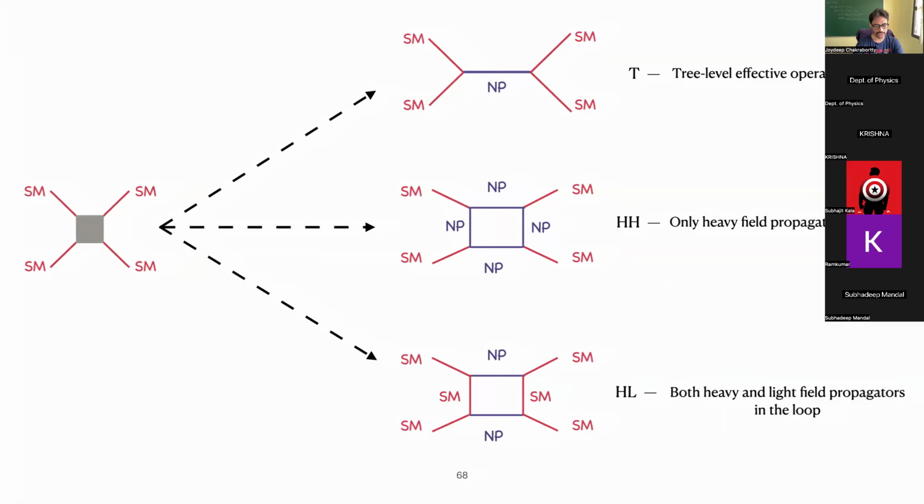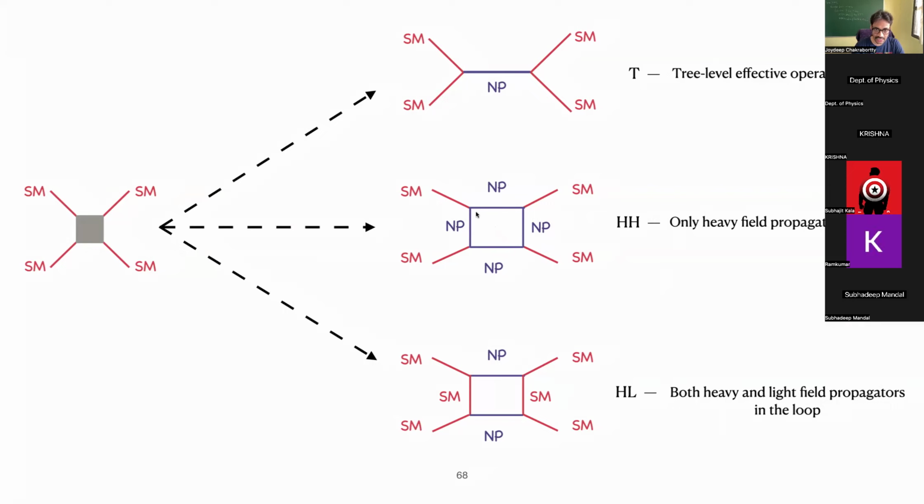Now, these are the different kinds of topologies that you may encounter. The first one is tree level, where the new physics is a tree-level propagator, which you are now familiar with. In the loop level, you may encounter two different kinds of topologies. In one kind, all the propagators in the loop are heavy fields. So what is the easy part?